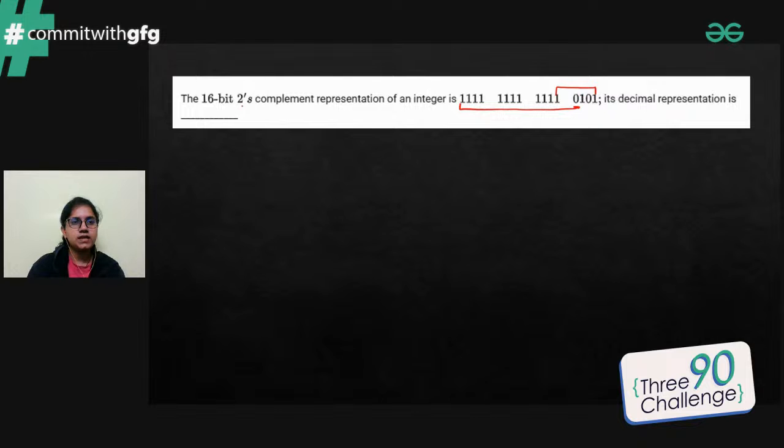As they are saying that this is 2's complement and the sign bit is also 1, it is minus, obviously. Minus of 1 0 1 0 1. What is the answer for this? From this you have to consider the values after the 1.